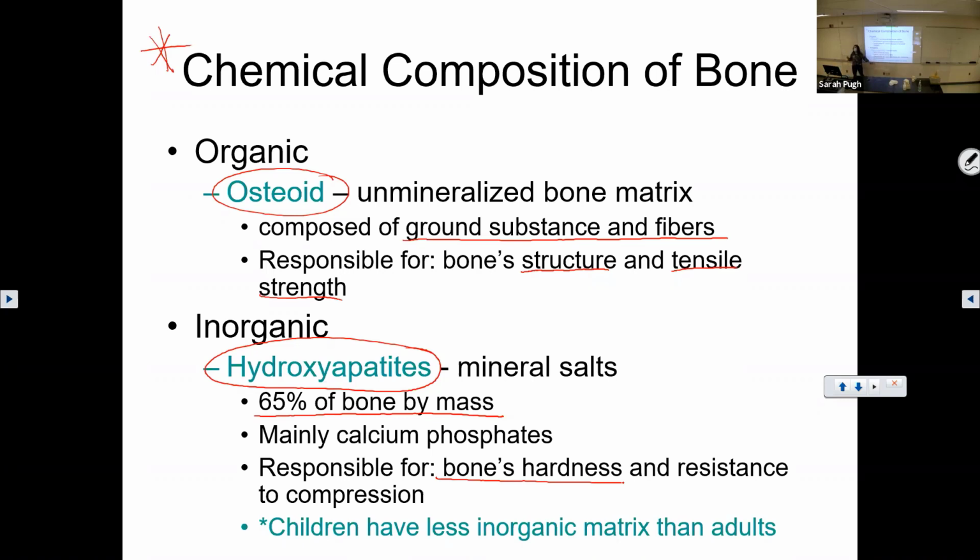Children have much less hydroxyapatite in their bones than adults do. Like my son, he plays hockey. And he'll be on the ice, or even outside on his rollerblades, and he will take a fall that I will gasp at, and it will stop my heart when I watch it.